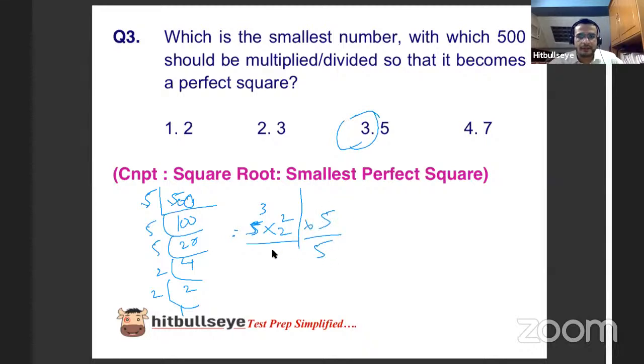If I multiply by 5, the answer becomes 5 raised to the power 4 into 2 raised to the power 2. It is a perfect square. If I divide by 5, the answer becomes 5 raised to the power 2 into 2 raised to the power 2. All four powers are even. Which means 5 is the number with which I will either multiply or divide to make it a perfect square. And 5 is the right answer.